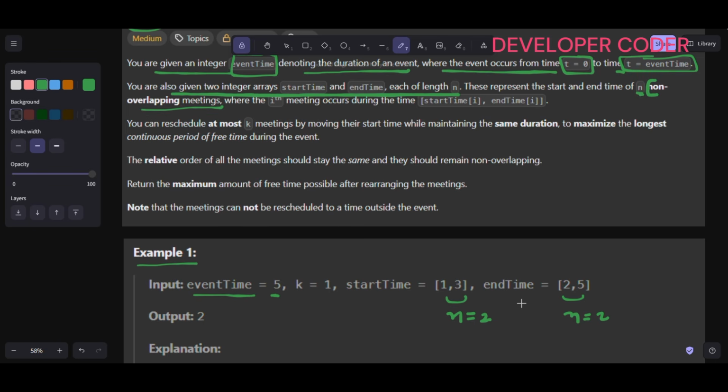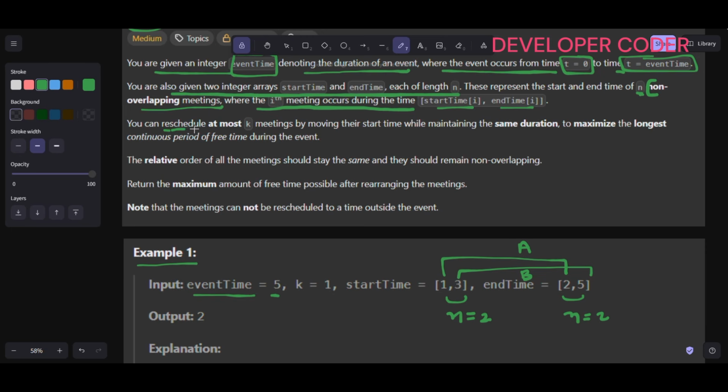So this is nothing but the time of two non-overlapping meetings, let's say meeting A and meeting B, where the ith meeting occurs during the time start time of i and end time of i. So 1 to 2 and then next is 3 to 5.